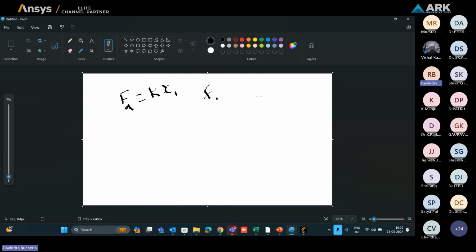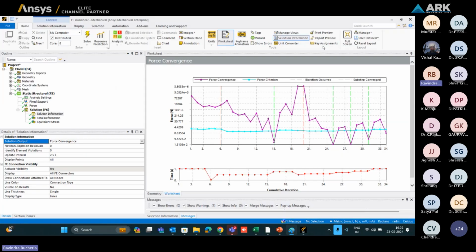The difference between these two, the force applied and the force reaction that we are getting, is not equal to 0. Whatever force we get is the residual force, or the value of the force convergence. So this is the value that we will be having here.